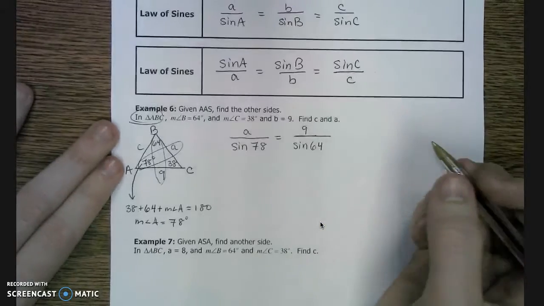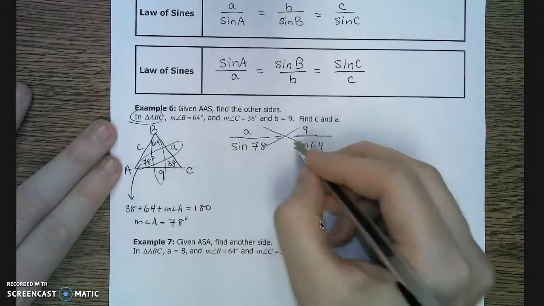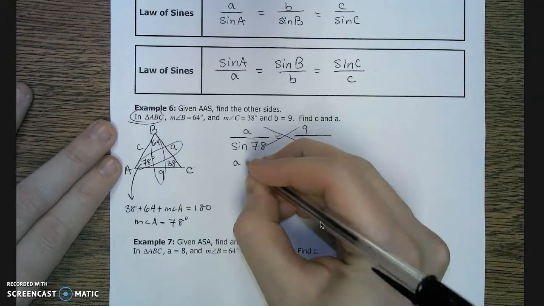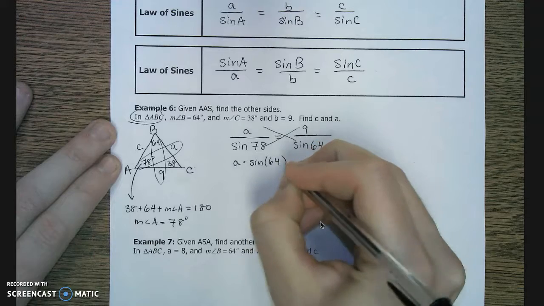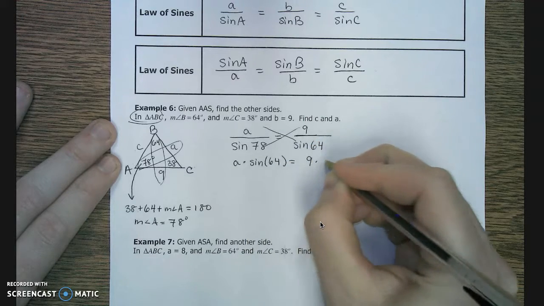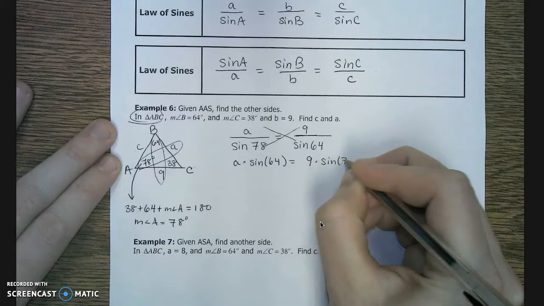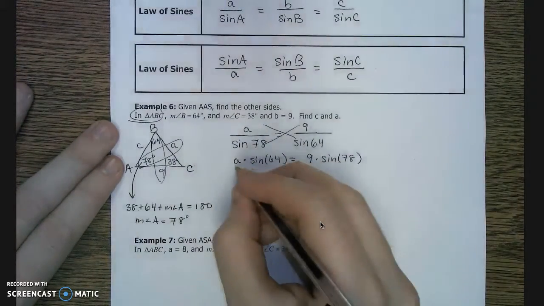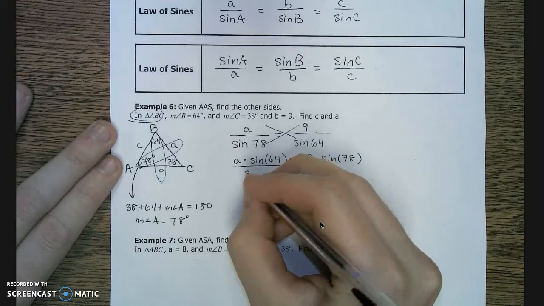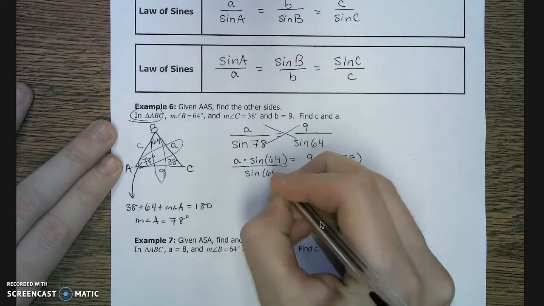Then to solve, we're just going to cross multiply, so that'll be a times sine 64 equals 9 times sine 78. And then to solve for a, we're going to divide by sine 64 from both sides.